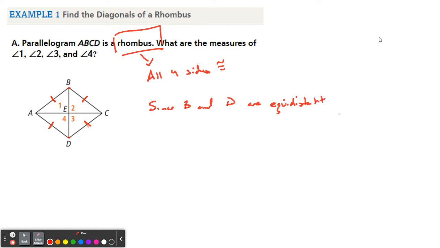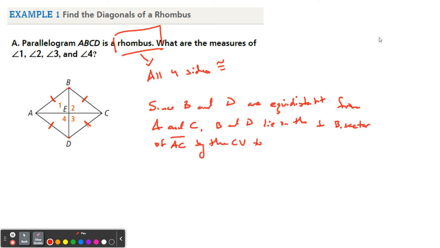Equidistant from A and C. B and D lie on the perpendicular bisector of segment AC. And this is by the converse to the perpendicular bisector theorem that we learned way back in topic 5.